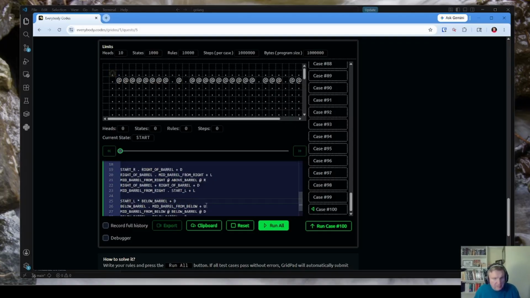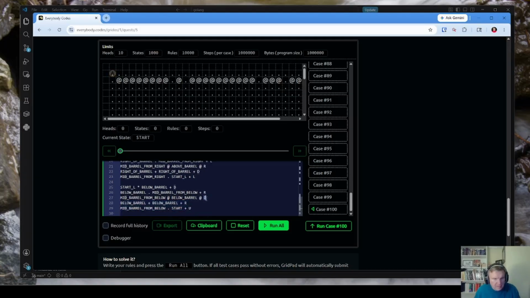Down. R. L. Down. Start R. And then I have to rename these as well. They aren't below barrel, they're left.